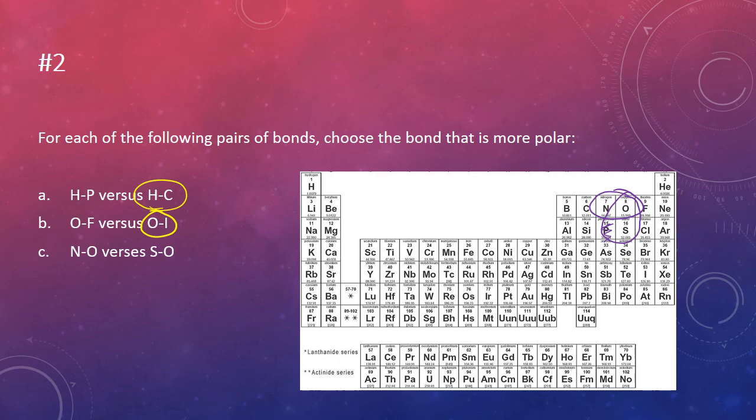Both nitrogen and oxygen are a couple of hogs, so they're going to share pretty well, which means sulfur and oxygen are not going to share as well. So that one is more polar. I wouldn't call it extremely polar, but as compared to nitrogen and oxygen, much more polar. See if you can do this next one on your own.